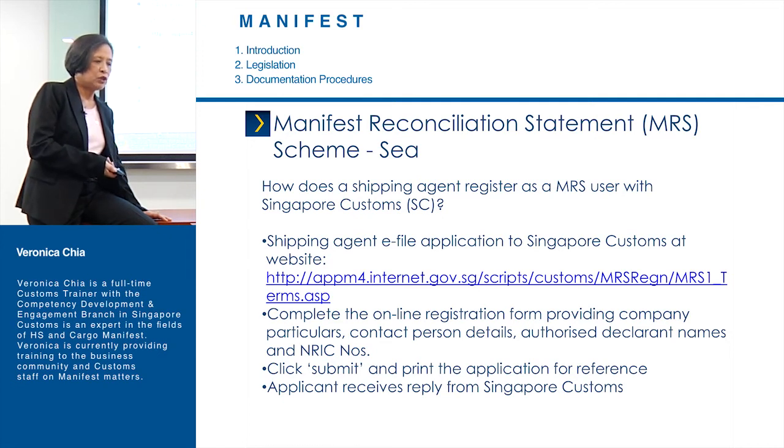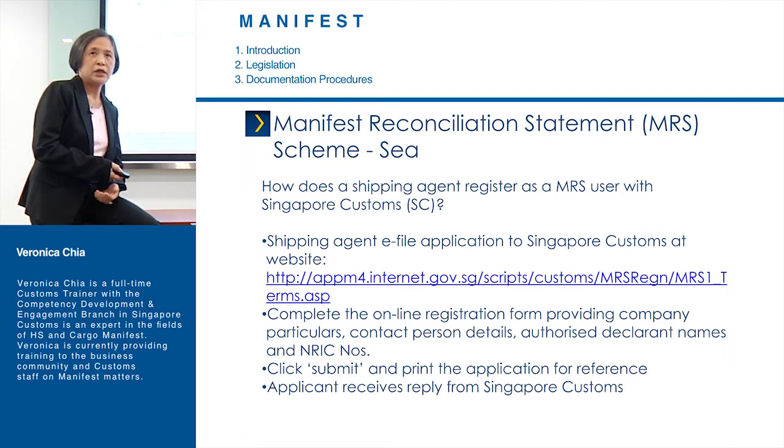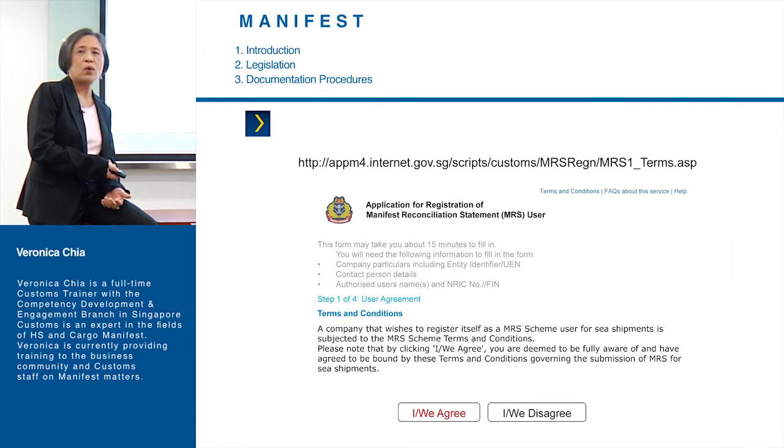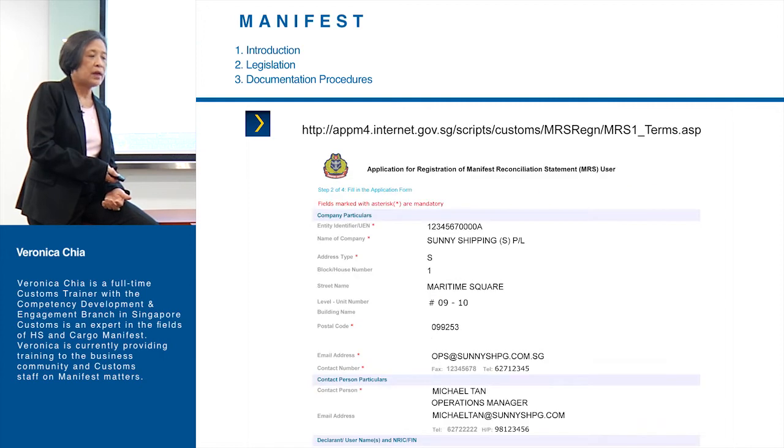After they have done the registration, they would be able to submit the manifest reconciliation statement. This is the website. If I were to click I agree, this will be one of the pages they need to fill up.